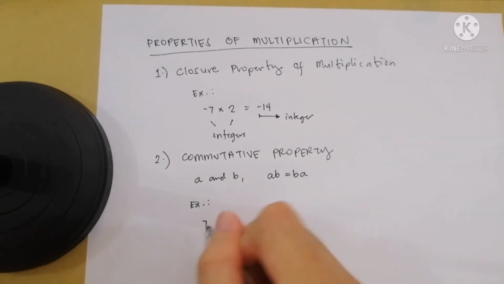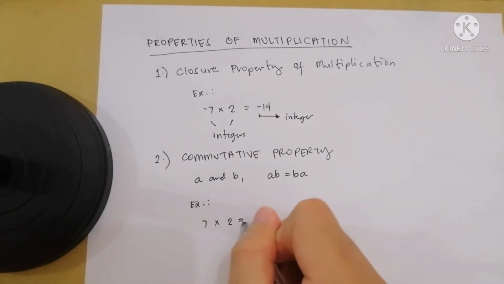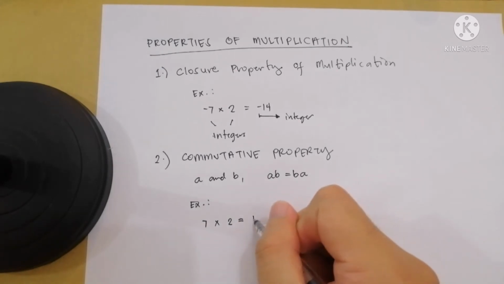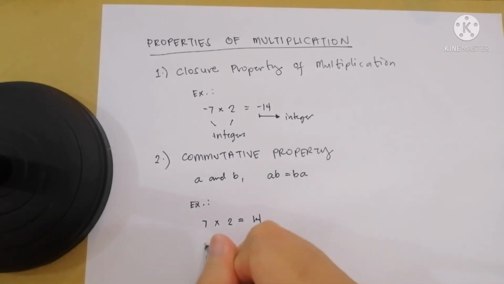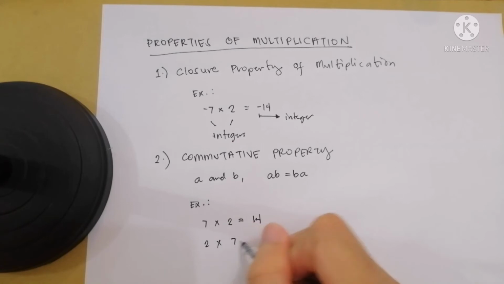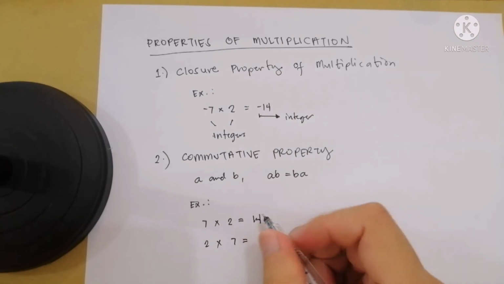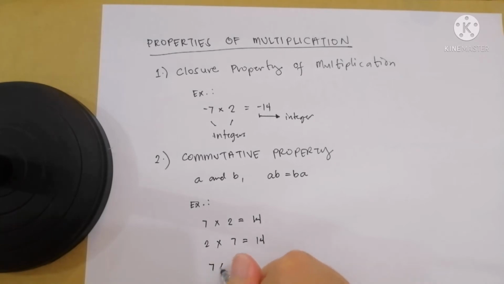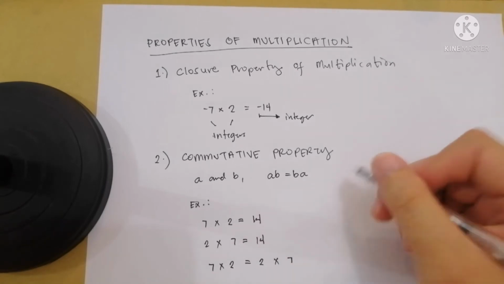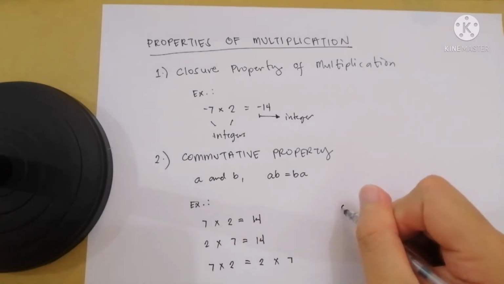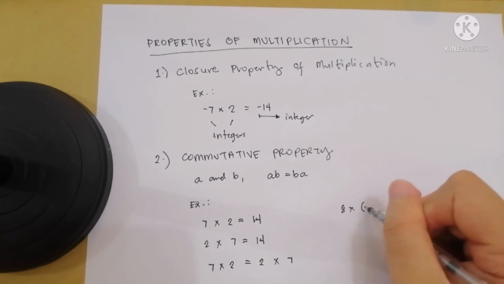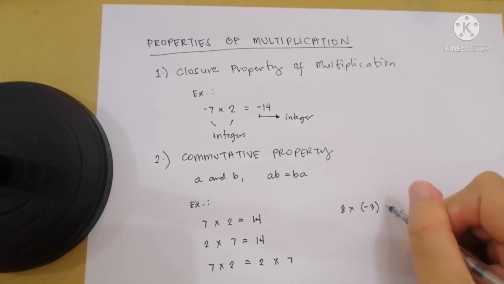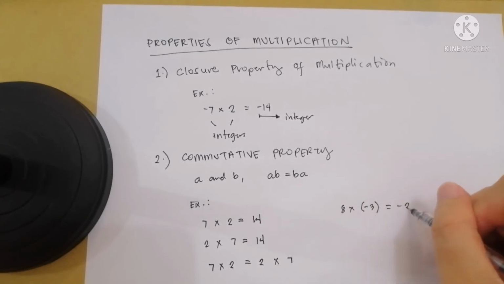We have 7 times 2, which is equal to positive 14, and 2 times 7 is also equal to positive 14. So in other words, 7 times 2 is the same as 2 times 7. Another example is if you're going to multiply 8 by negative 3, its product is negative 24.